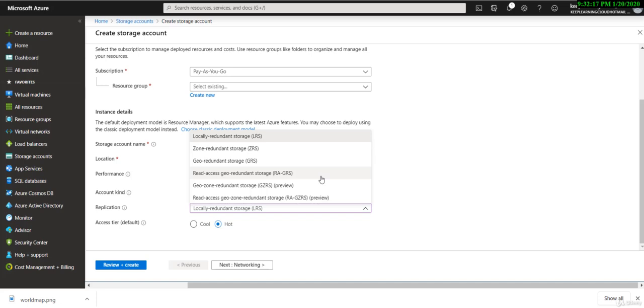So in GRS and RAGRS, the storage service asynchronously geo-replicates the data from the primary to a secondary location. In the event the primary region becomes unavailable or goes down, you can perform an account failover to the secondary region. When you initiate a failover, recent changes that have not yet been geo-replicated may be lost.